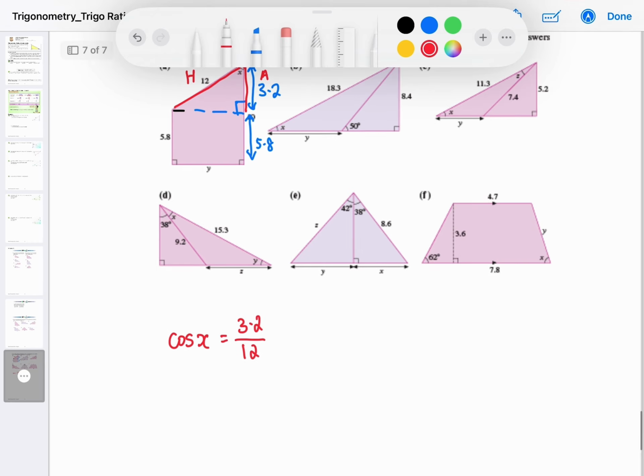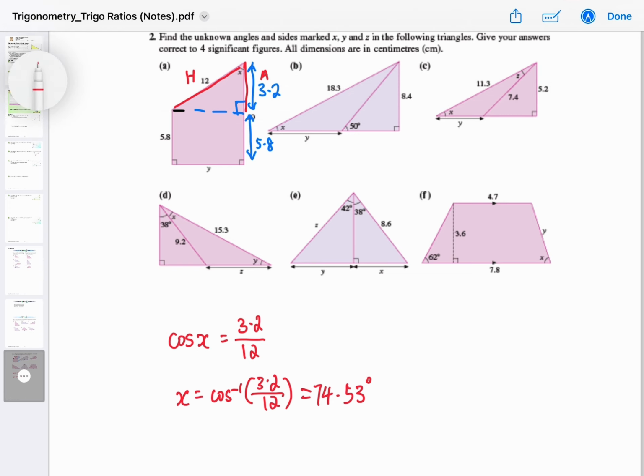Then x equals cosine inverse 3.2 over 12, which is 74.53 degrees to 4 SF, because the question asks to put it in 4 SF, if I'm not wrong. Yes.